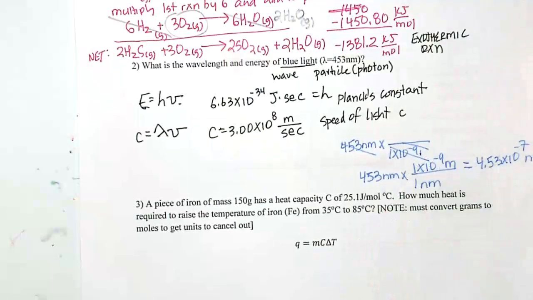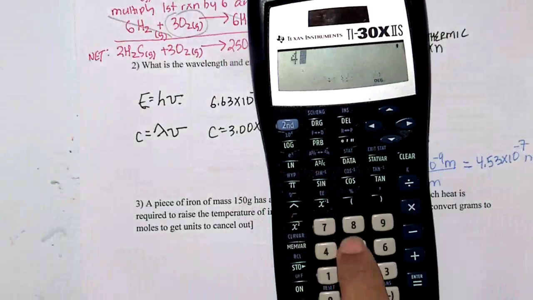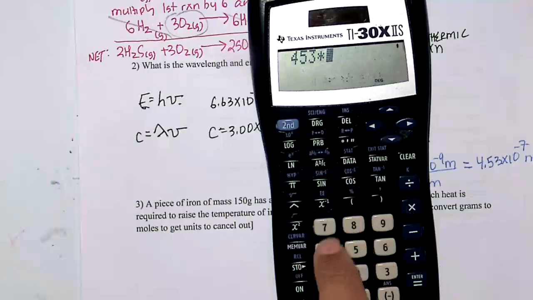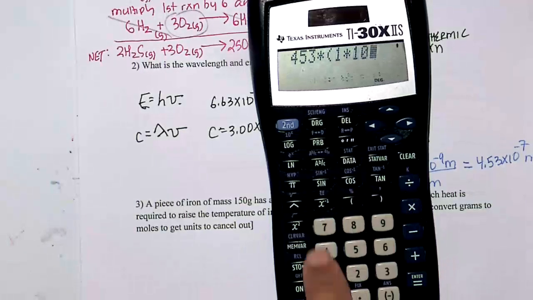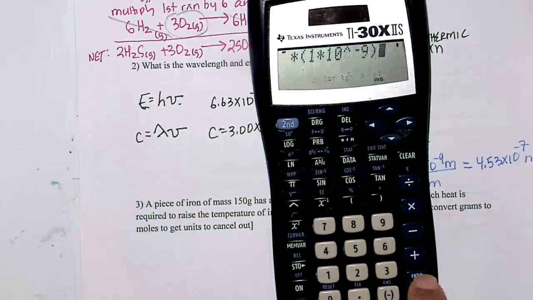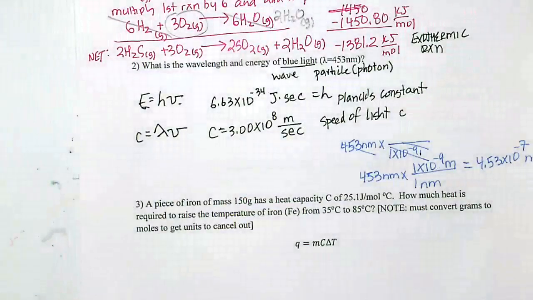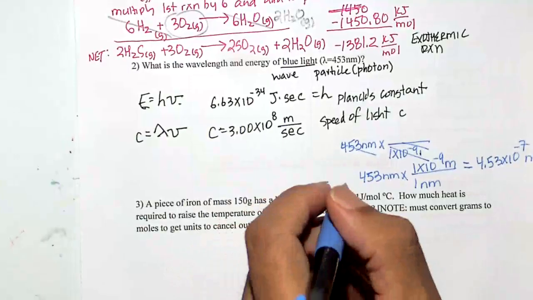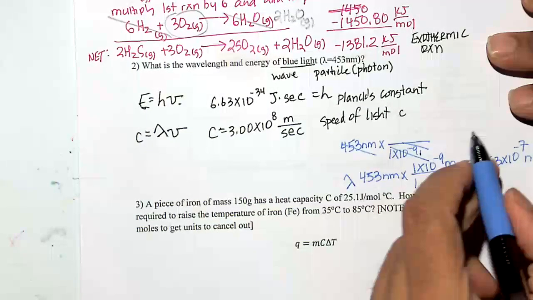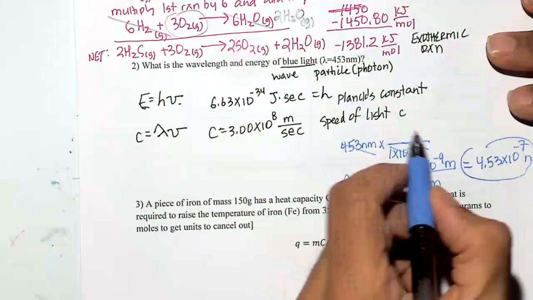I think I can do that in my head. Yep, 4.53 times 10 to the minus 7 meters. So this is going to be our wavelength lambda that we want to plug in here.